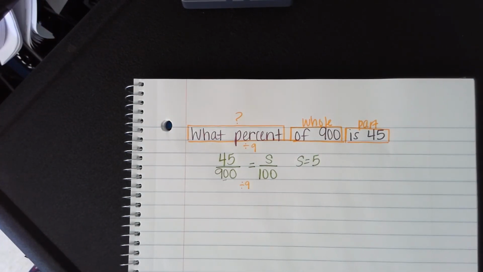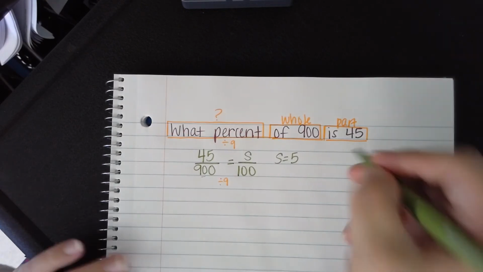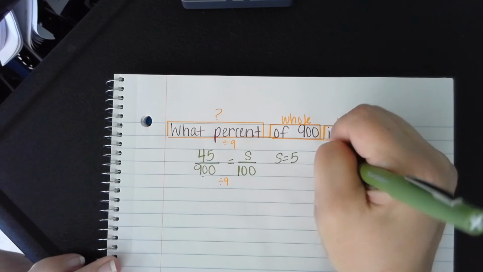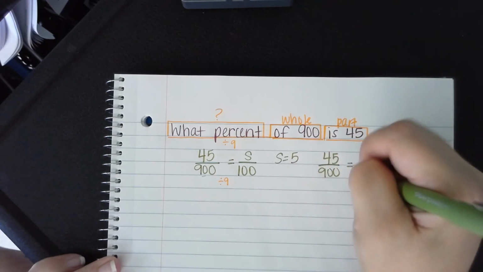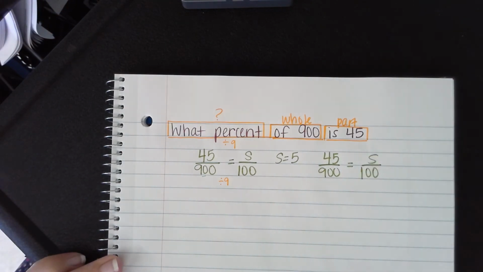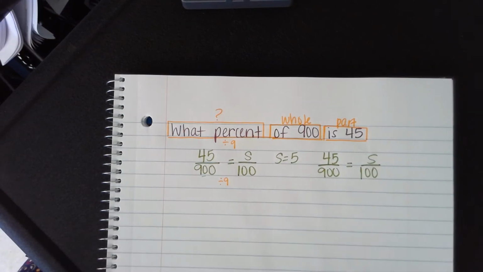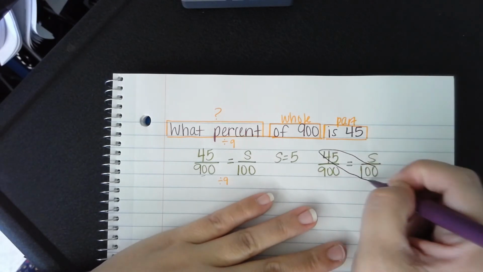Okay. For those of you who are not mental math fans, let me show you how to do it the other way. So 45 over 900 equals S over 100. Cross multiply.